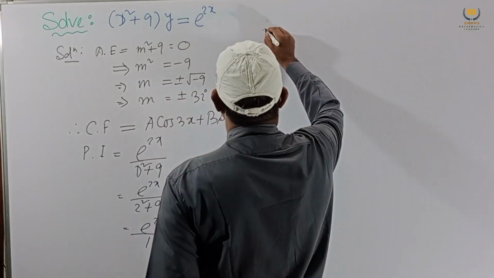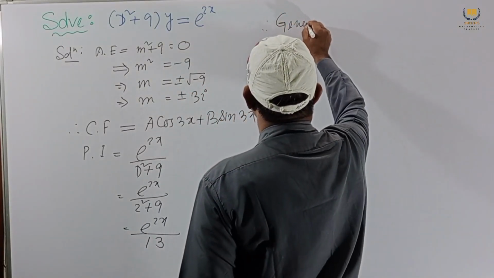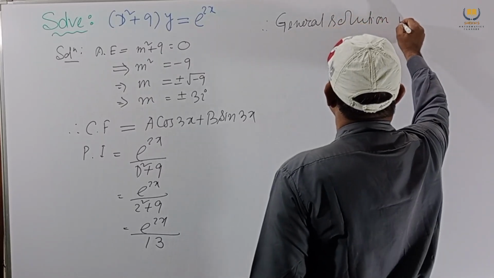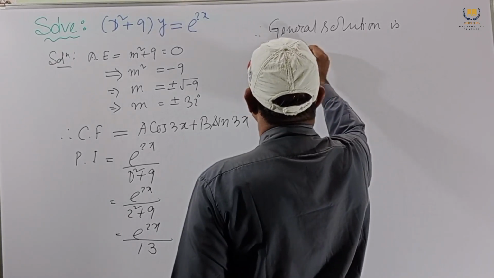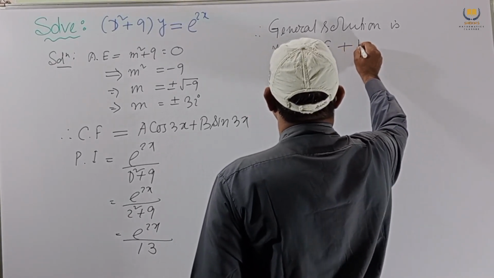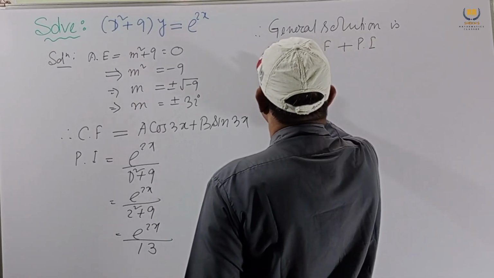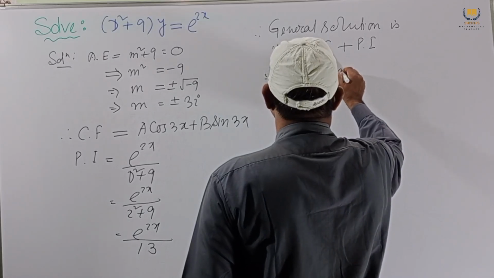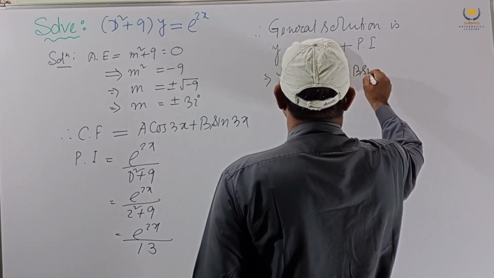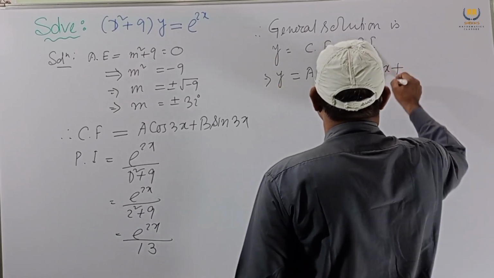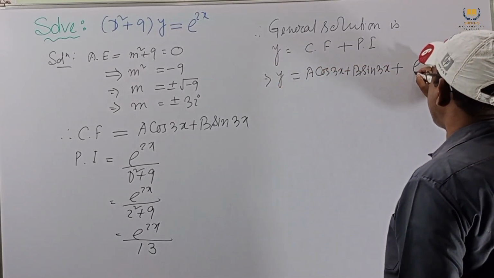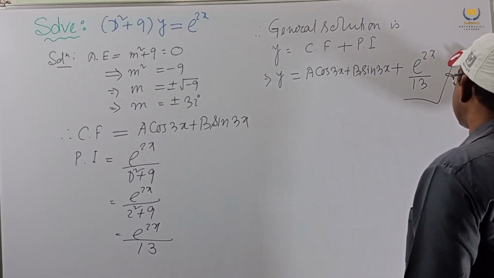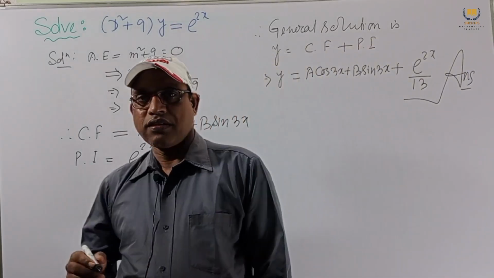Now general solution is y equal to CF plus PI, y equal to a cos 3x plus b sin 3x, and PI means e to the power 2x by 13, and this is our answer. Very easy solution.